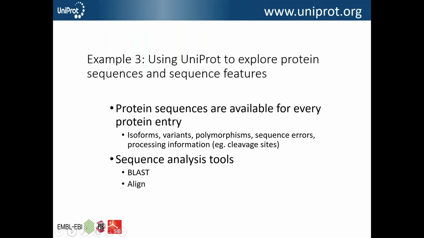I'll only mention BLAST and ALIGN today, but there's going to be a more detailed webinar specifically on BLAST and ALIGN in a couple of weeks' time. So please do listen to that if you want a little bit more information. We also have YouTube videos that you could watch beforehand.